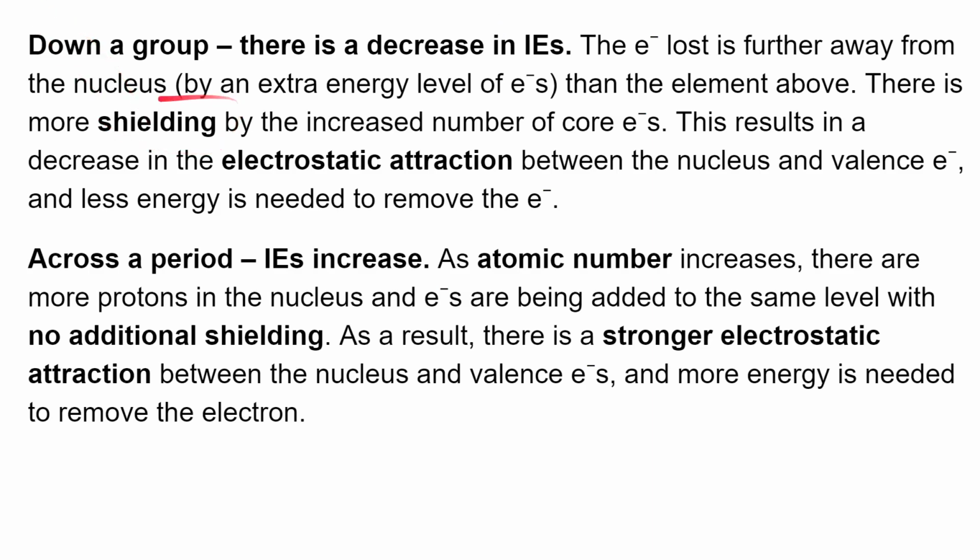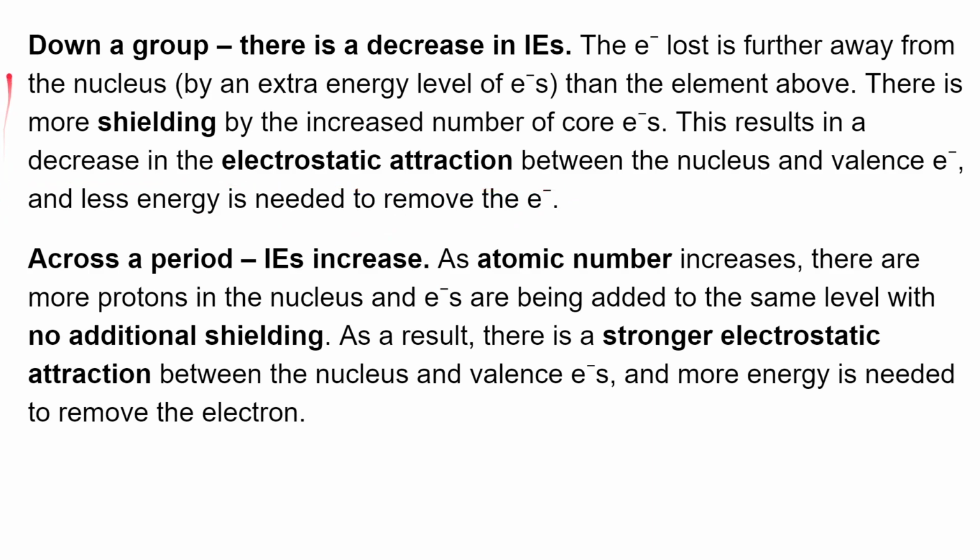So the inner electrons are shielding the nuclear charge from the outer electrons. So when you have an extra shell, you've got increased shielding because you have more core electrons. This results in a decrease in the electrostatic attraction between the nucleus and the valence electron being lost. So less energy is needed to remove the electrons.